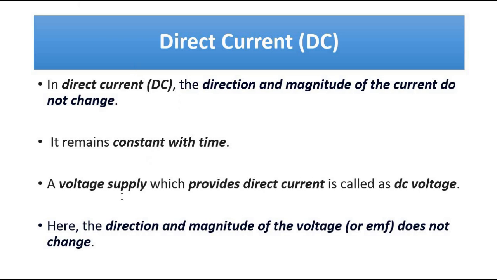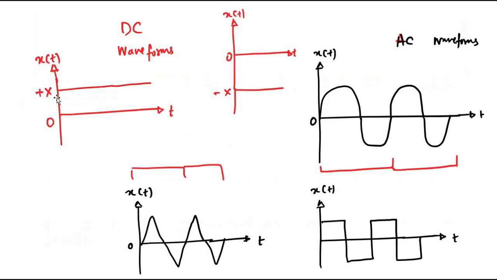And the voltage supply which provides direct current is called the DC voltage. Same, the direction and magnitude of the voltage or EMF does not change, it remains constant with time. It can be positive, it can be negative, but it remains constant with time.